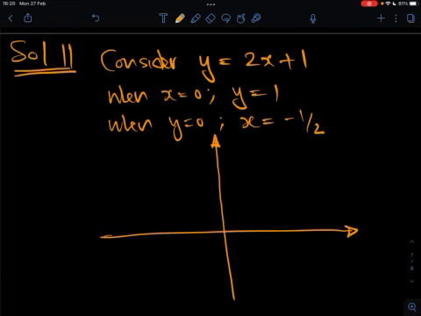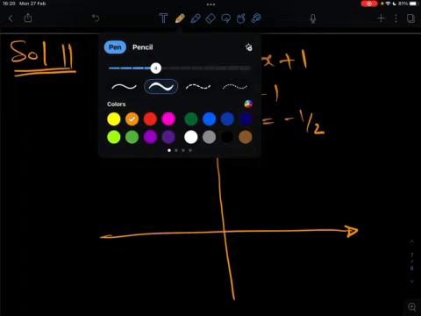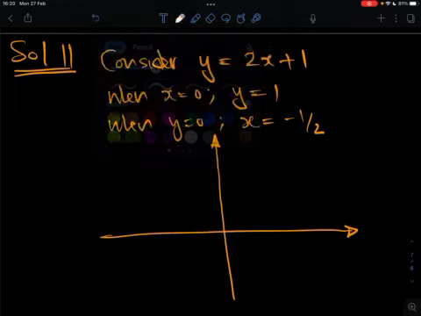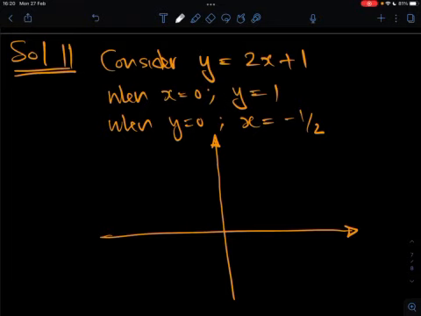If I want to plot this curve, this is how I'm going to do it. I'm going to first see where it's supposed to cross. It's supposed to cross at 1 and negative half, which means it crosses the positive y-axis and the negative x-axis, so this is a curve that is supposed to come like this.